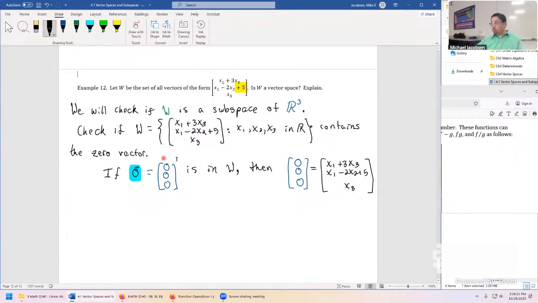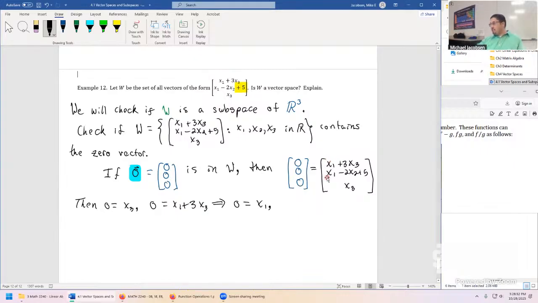We're now looking at vector equality, and we can equate things on a row by row basis. Across entry three, this would tell us 0 equals x3. And that's a value that we could pick here to get the 0 on that entry. If 0 is x3, that part is gone. We have 0 equals x1 plus 3x3, which implies 0 equals x1.